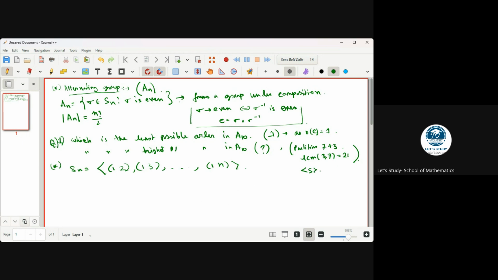We have already stated in our first class what we mean by generated by a set. So Sn is generated by this. Can anyone give me a proof? Hint: use that every element of Sn can be written as a product of transpositions. We have also shown this. Just use that fact.